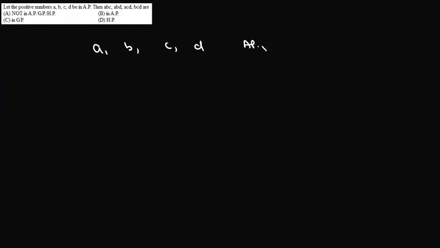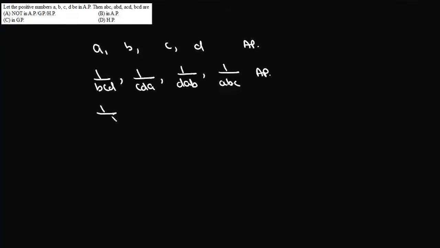Now we know that if we divide each term of an AP with a constant number, it will still be an AP. So what we'll do is we'll divide everything with ABCD. So if we divide everything with ABCD, we can write 1 upon BCD, 1 upon CDA, 1 upon DAB and 1 upon ABC. It'll be an AP. Now we also know that if we reverse an AP, it'll still be an AP.